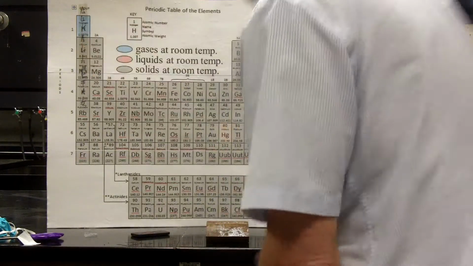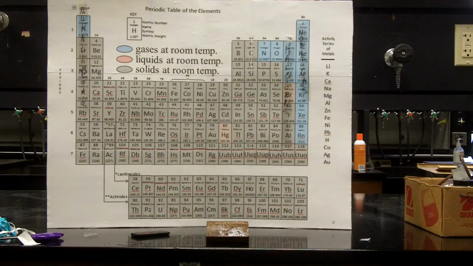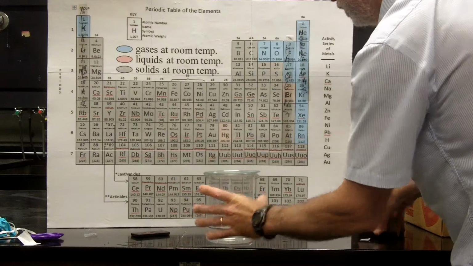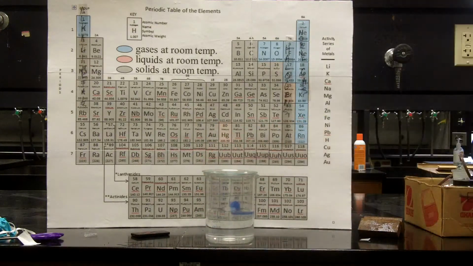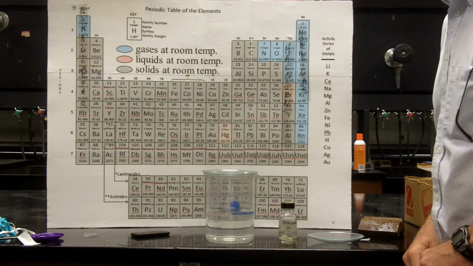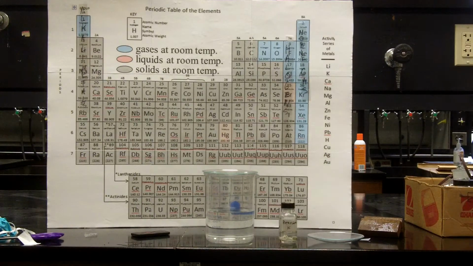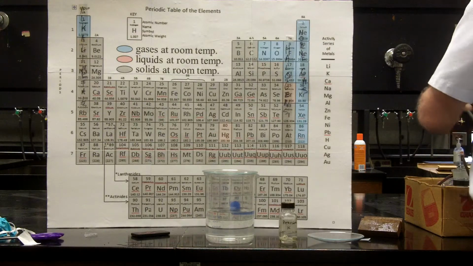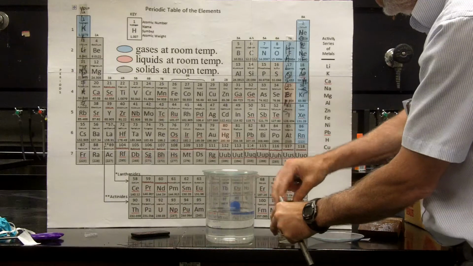I've got an example of it here, I think. I've got some water and something on top here. And I've got the alkali metal potassium. And what I'm going to do, I need something to cut the potassium.